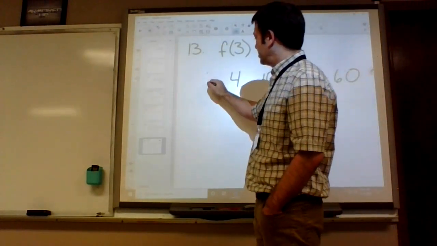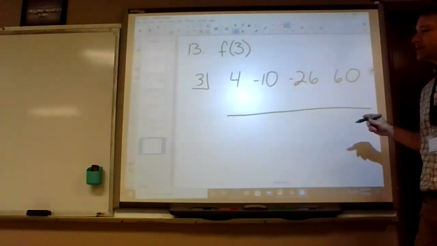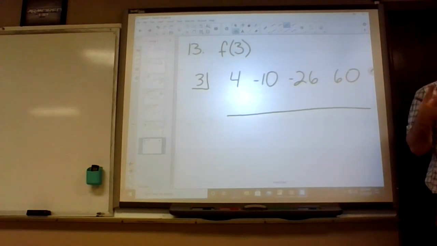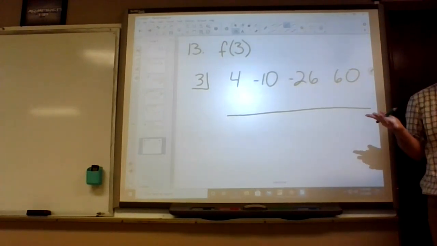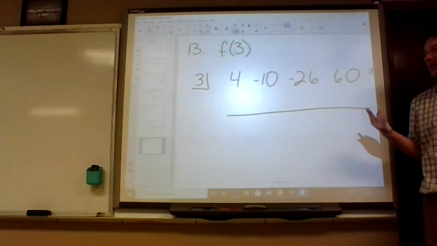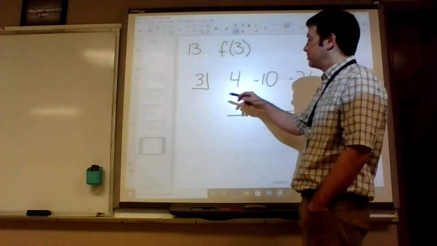And in the box goes 3. Okay, so you could kind of do it the old way, and I don't think this really makes it any easier. Maybe slightly, I don't know, but it's the same thing as plugging in the old way.